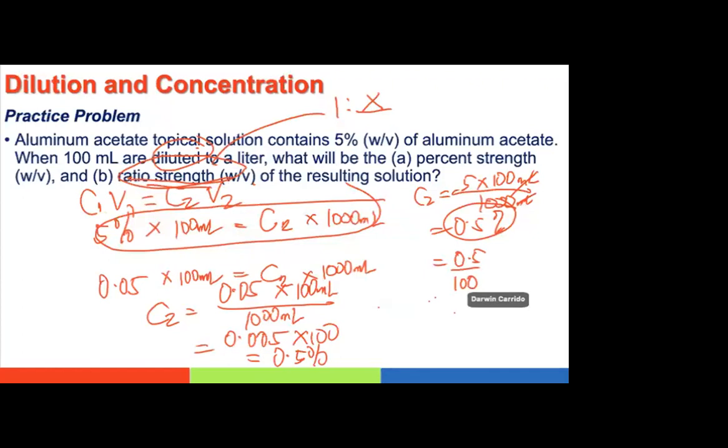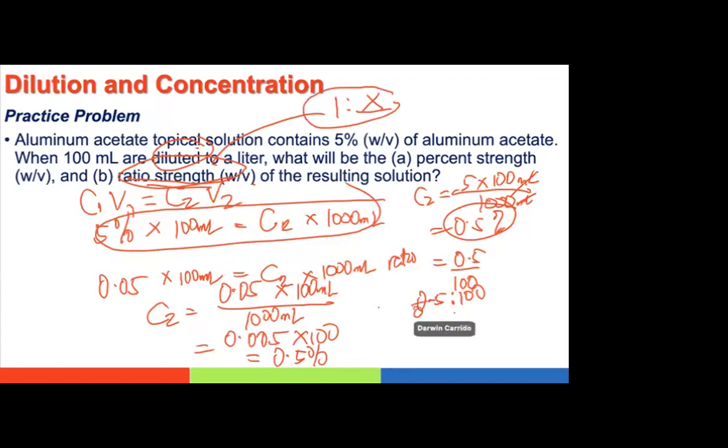Expressed as a ratio, this is equal to 0.5 is to 100. The fraction 0.5 over 100, coming from 0.5%, can be written as 0.5 is to 100.